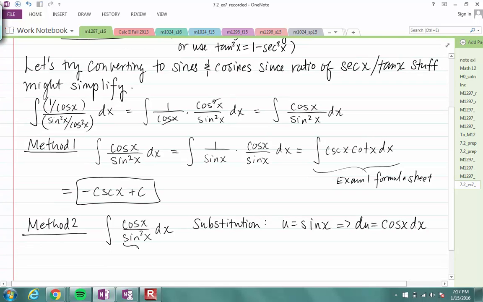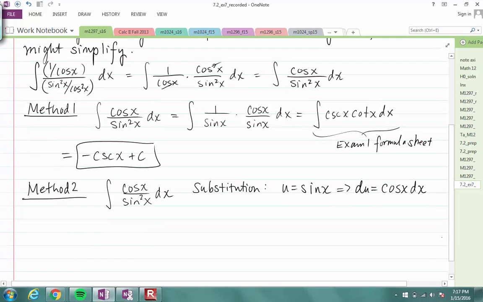So we can start identifying the parts. Cosine x dx is our du. And then because u is sine x, we got this over u squared. Alrighty, that looks great. Now let's write this a little differently as u to the negative 2 du, which is an easy integral to take. We add 1 to the exponent, we get negative 1, bring that down low underneath, or actually it doesn't matter because it's just negative 1.